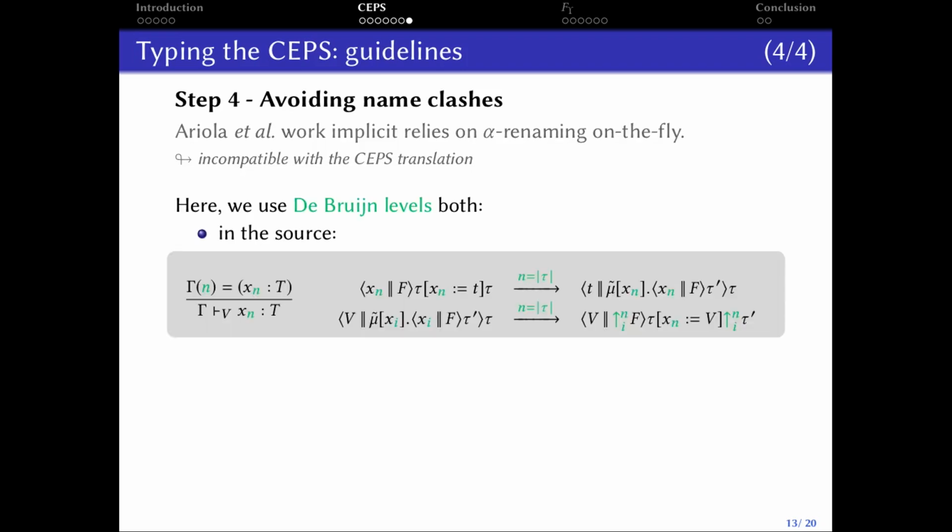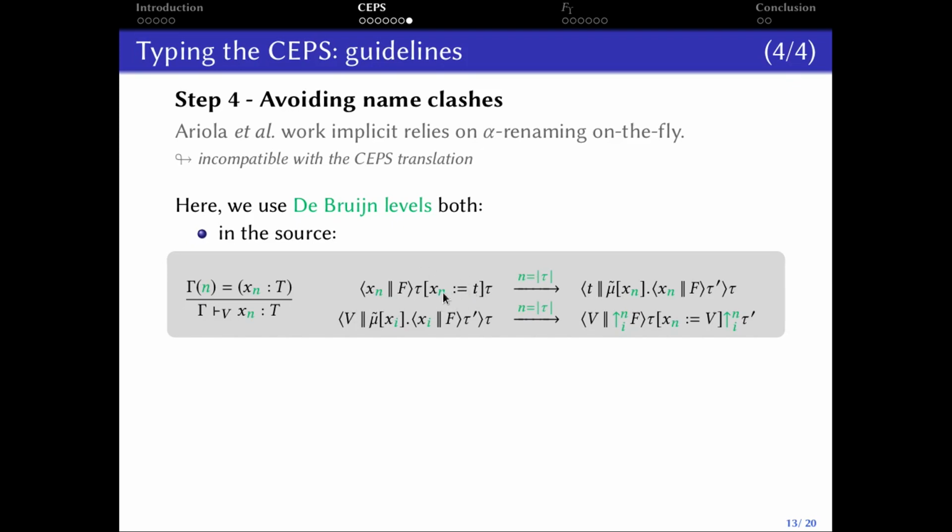Here, in turn, we will use De Bruijn levels, both in the source and the target. So in the source, it means that the name here is actually n rather than x. This is in hybrid notation, and the n refers to the position both in the typing context, because we saw that the context is the type of the substitution of the environment, and in the store.